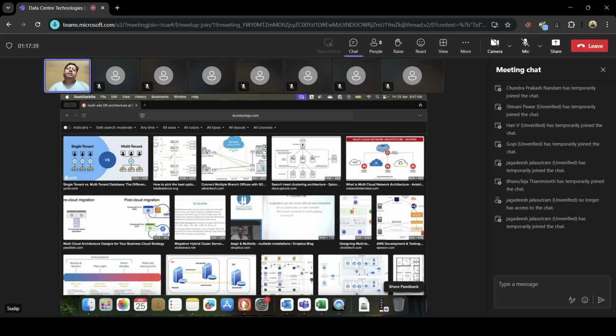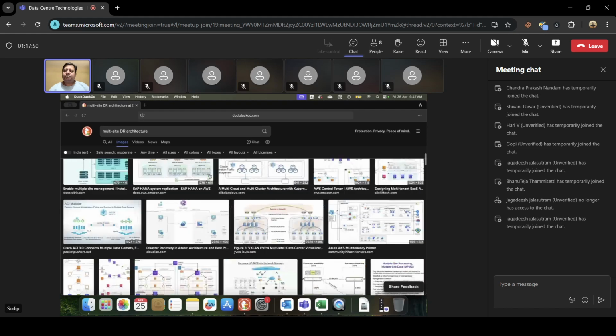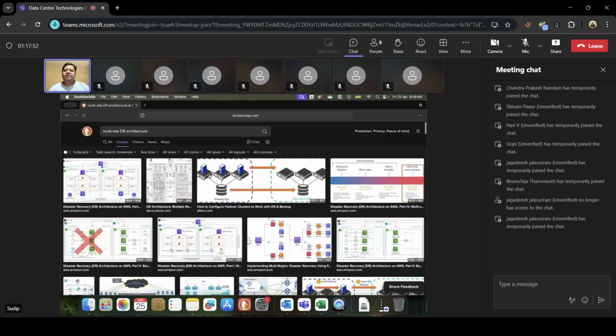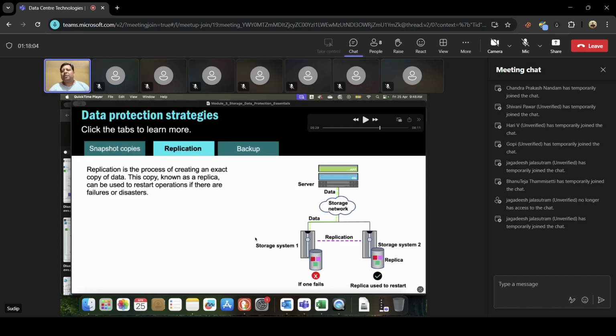And also geopolitical aspects. Yes, very true. In some politically unstable countries, you do not want to put your data center there, because at any point of time they can do something stupid, which will lead to loss of power or loss of internet. So they will not do that.